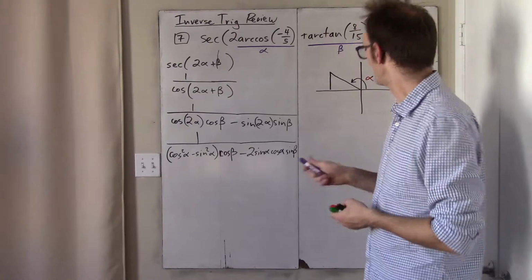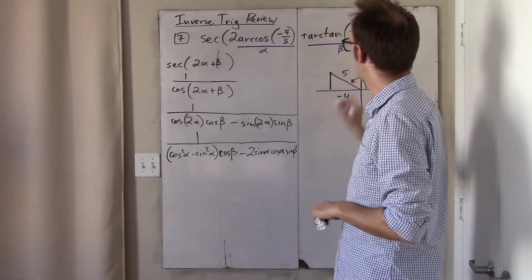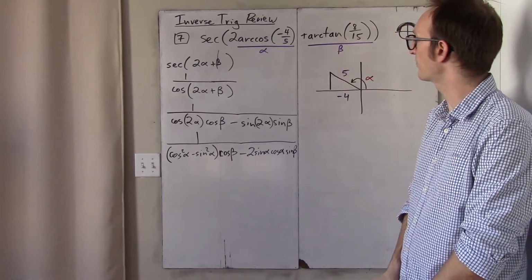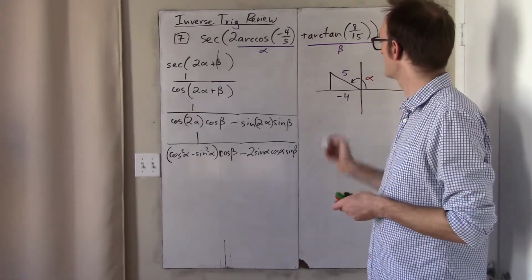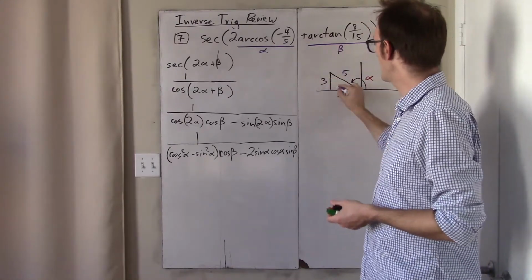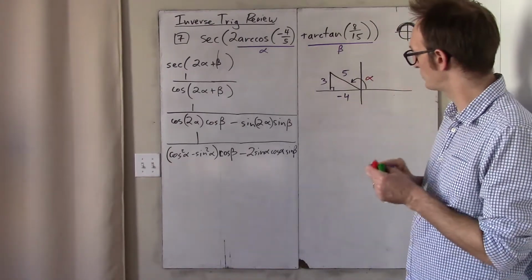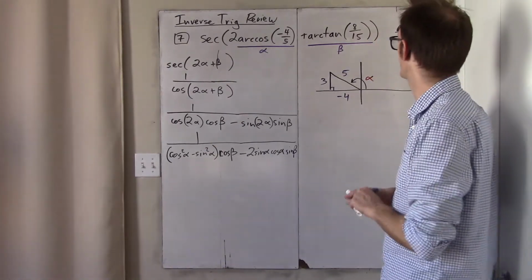But the simplest thing is to call this negative 4 and this 5. Now you can confirm that the cosine of this angle is negative 4/5, so this is a picture of arc cosine negative 4/5. By the Pythagorean theorem, that's 3, and that's all I need to compute sine and cosine of alpha.